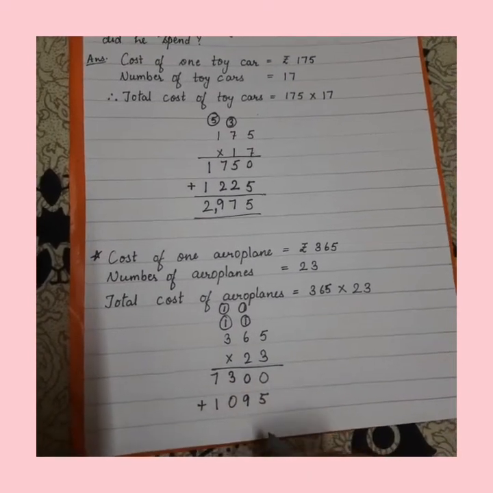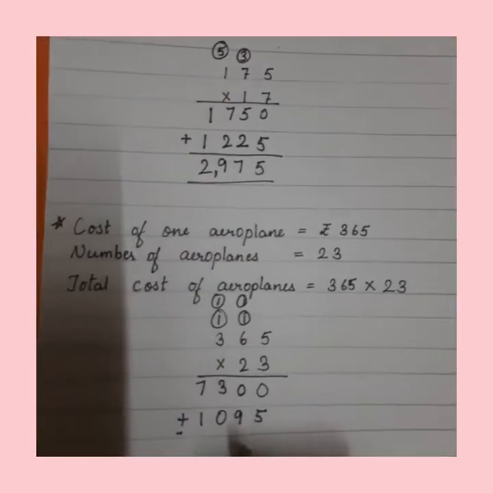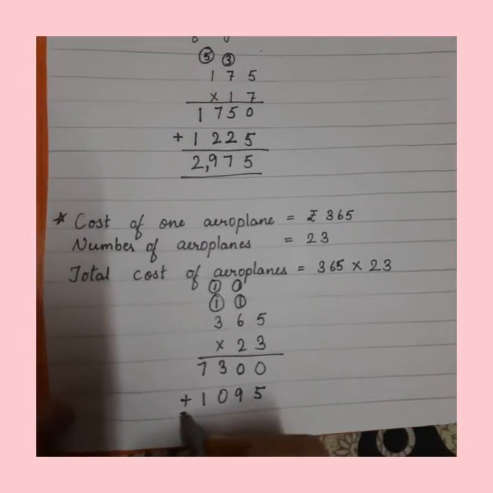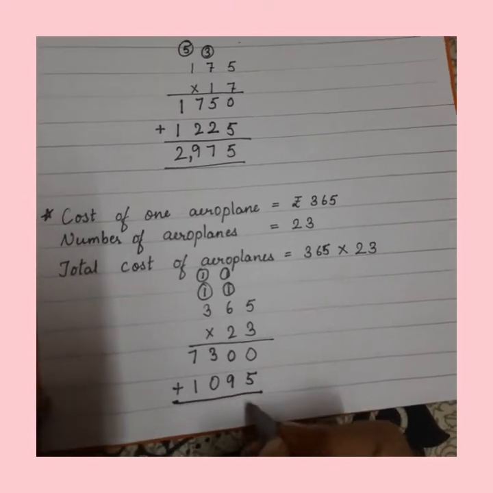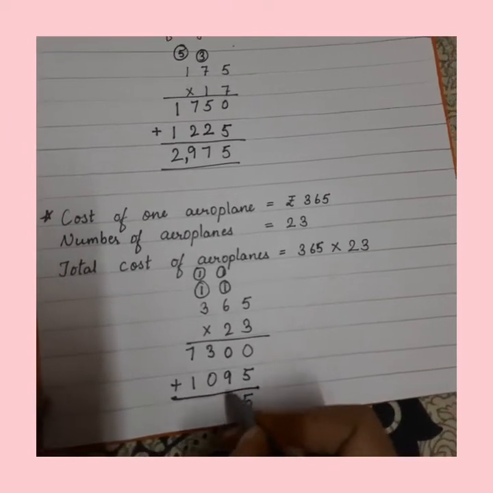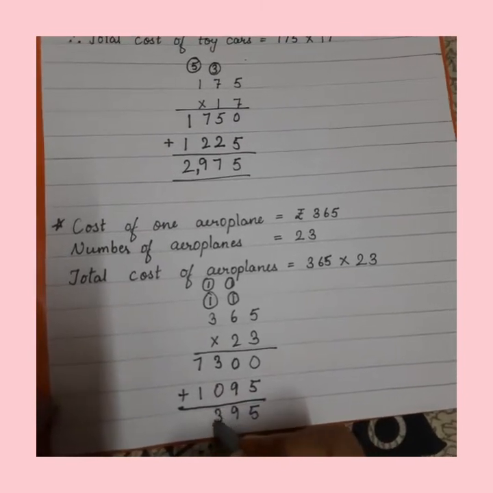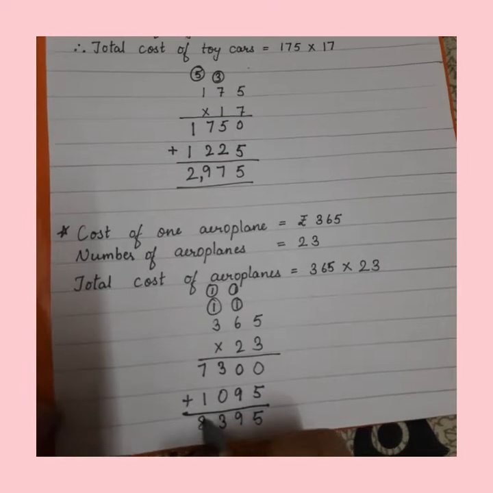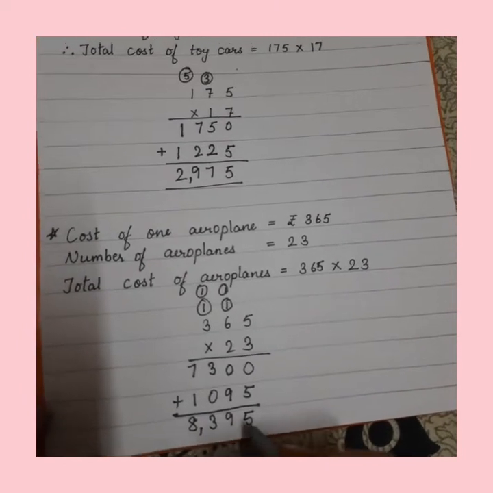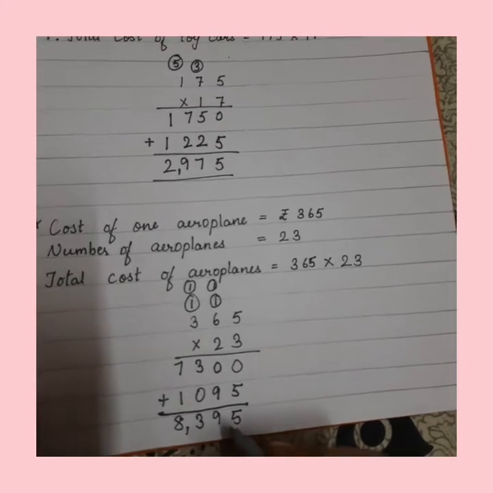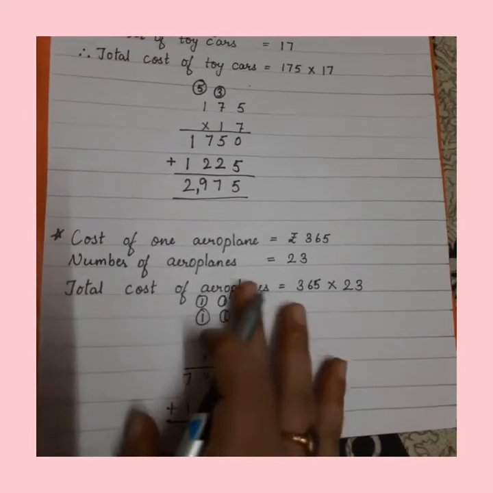Now I have to add all these numbers together. 0 plus 5 is 5. 0 plus 9 is 9. 3 plus 0 is 3. 7 plus 1 is 8. So my answer is 8395. That means this much amount he has to pay for aeroplanes.